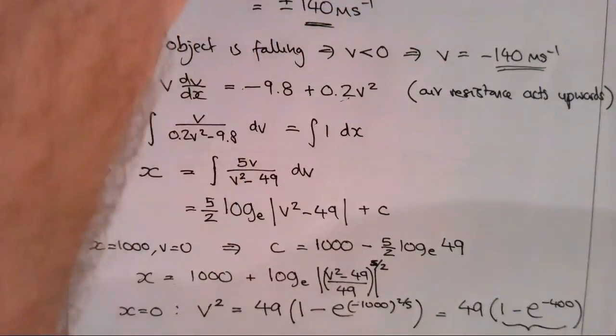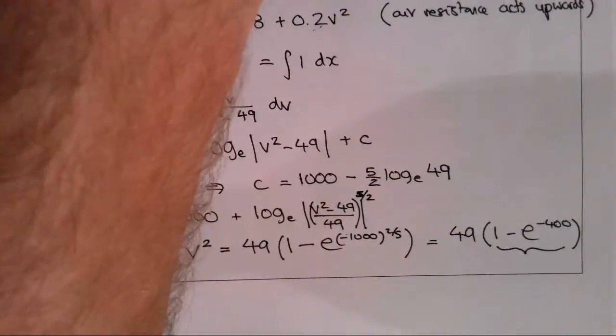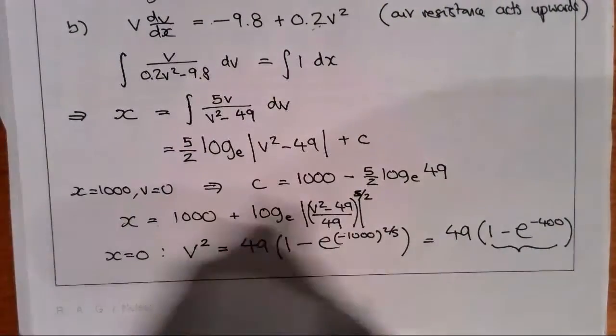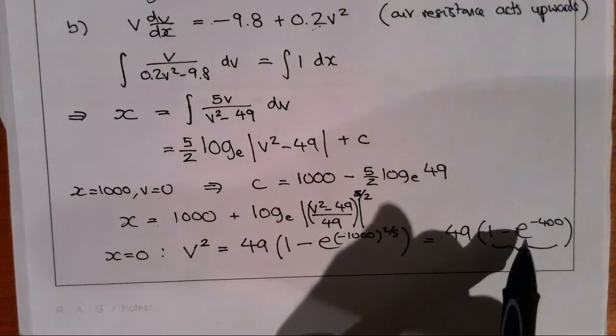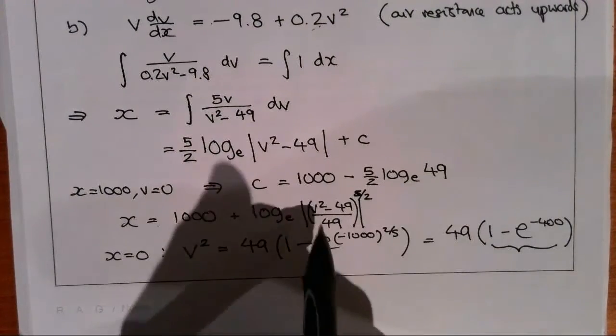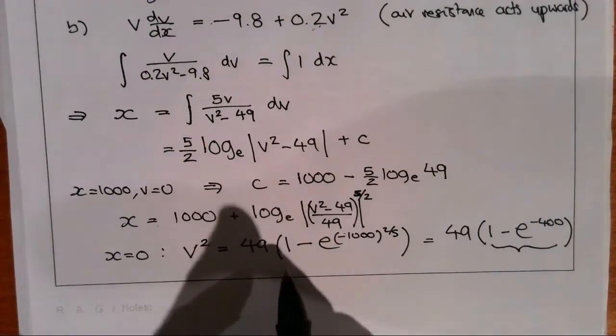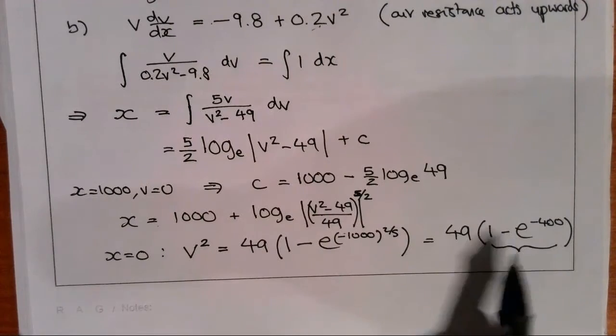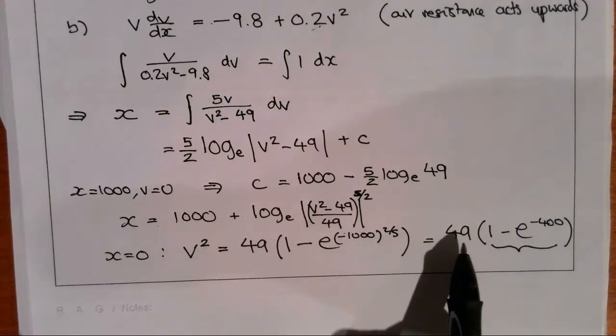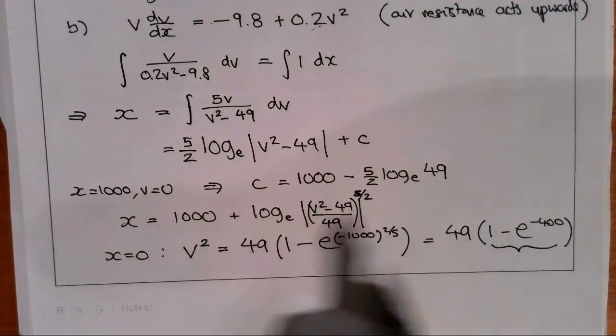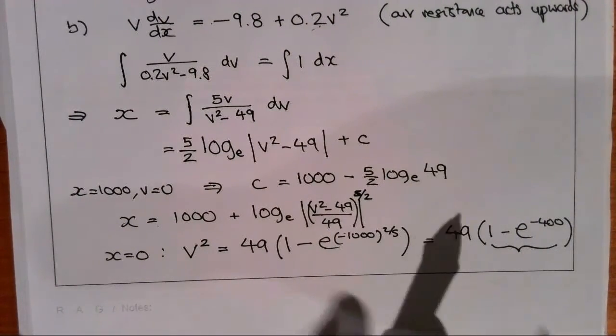And then you guys might have been familiar or heard of this idea of terminal velocity before. What this means is no matter how far this thing now falls, the velocity isn't going to go past 49. Sorry, square root of 49, in other words 7.